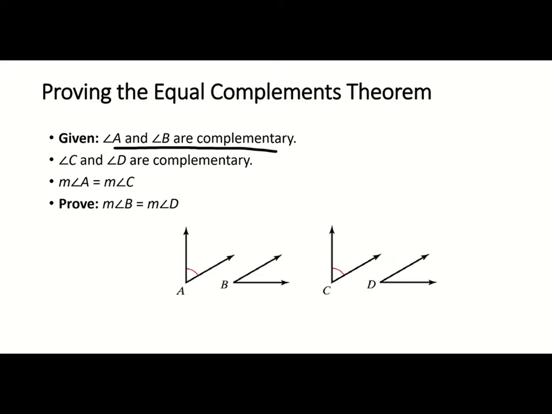We are also given that C and D are complementary angles, and that the measure of angle A is equal to the measure of angle C. So what they want us to do is prove that the measure of angle B is equal to the measure of angle D. We have the steps written out on the next page, and we're going to go through and put in our reasons.